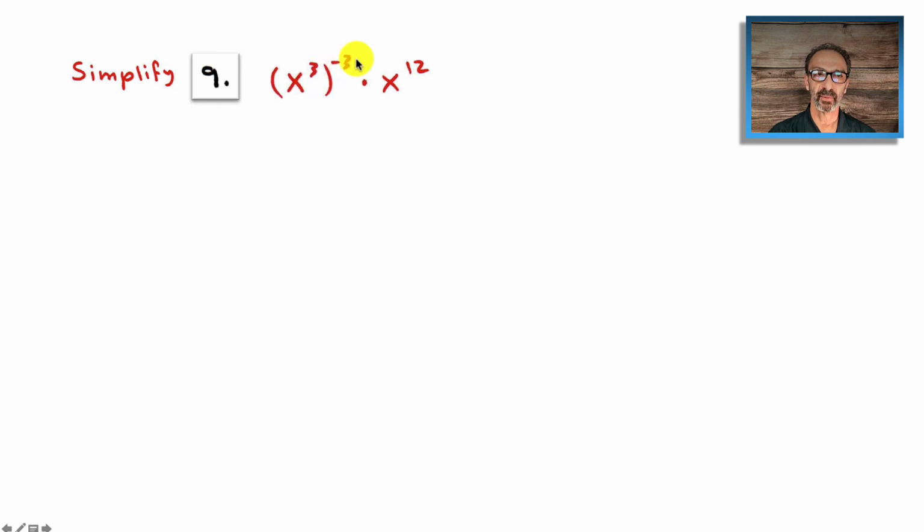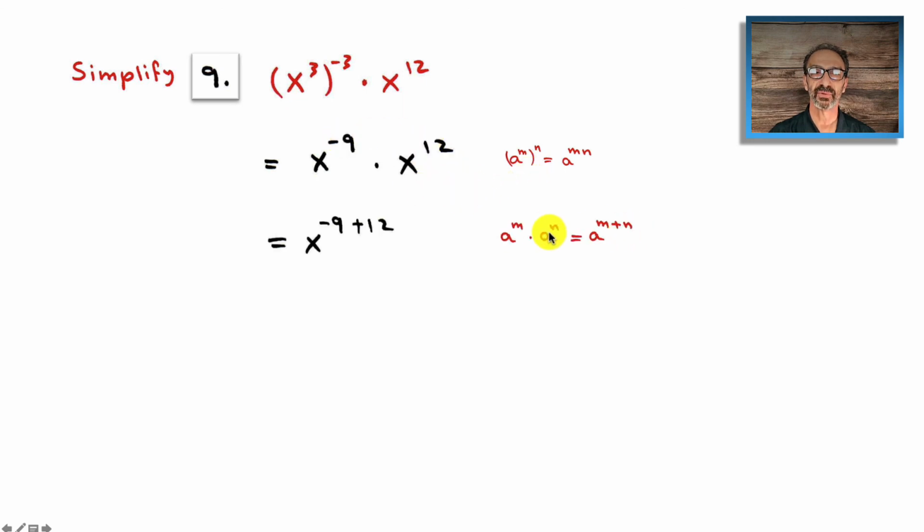Applying the power of a power. Negative 3 times 3 is negative 9. Add the exponents using this rule. Negative 9 plus 12 is 3. The last example, number 10.